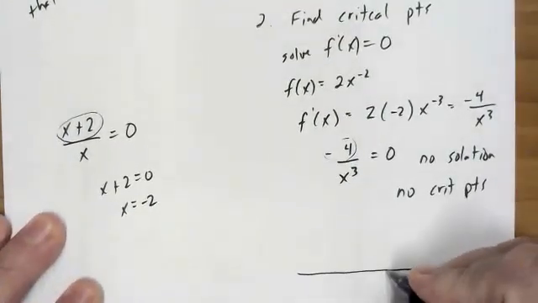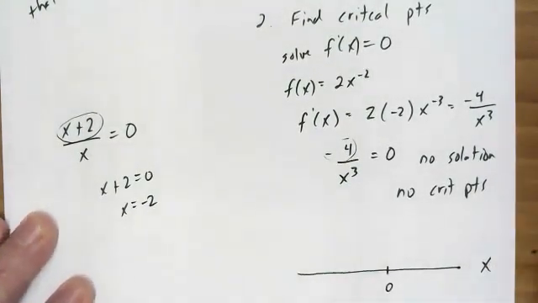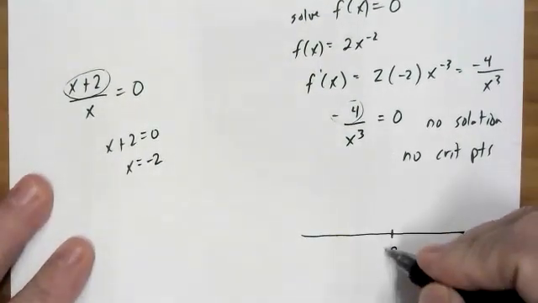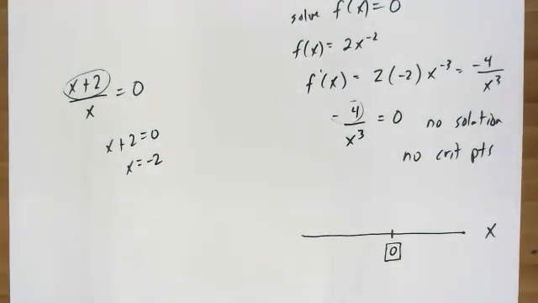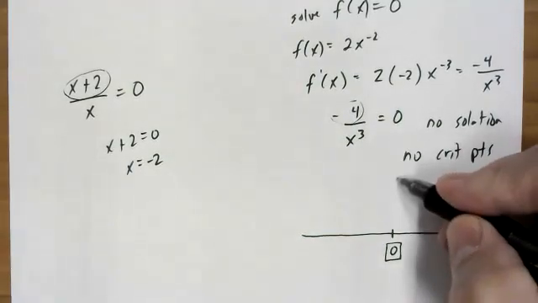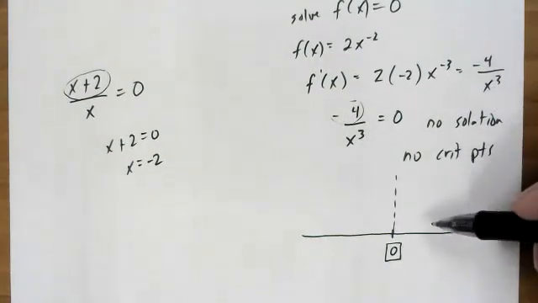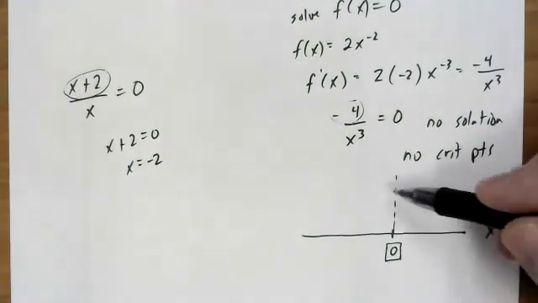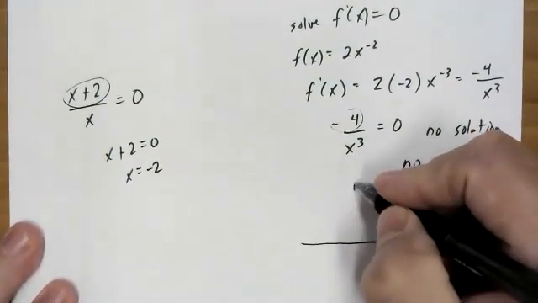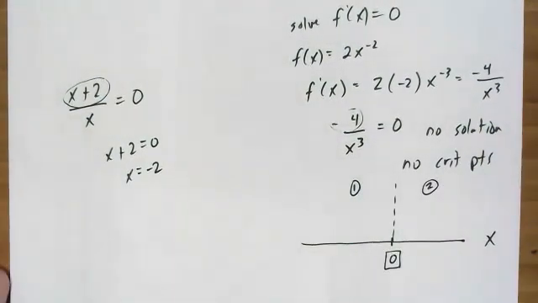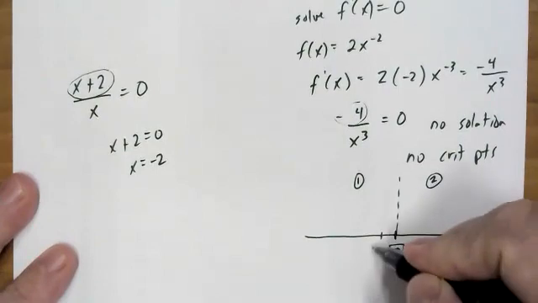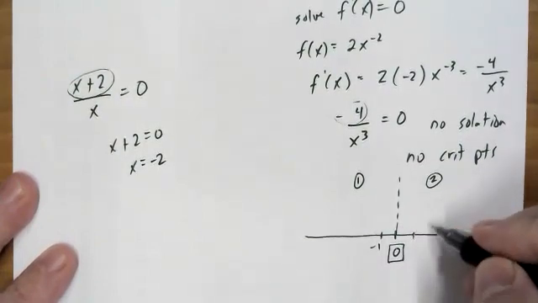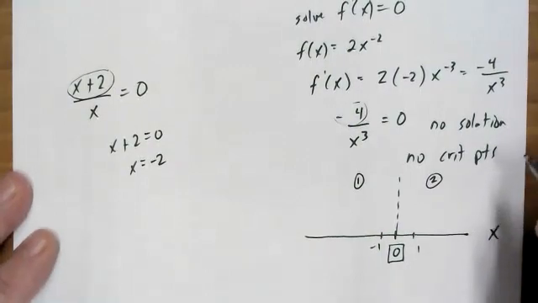So I still have to go to my chart and mark where I have a vertical asymptote. Normally, and this is just me, if it's a vertical asymptote, I put a square around it as a reminder. Just like critical points, vertical asymptotes will break up my graph into regions. So in this case, I have two regions, and now I have to do the same thing I always do. I choose a test point in region 1, I'll choose -1, and in region 2, I'll choose 1.